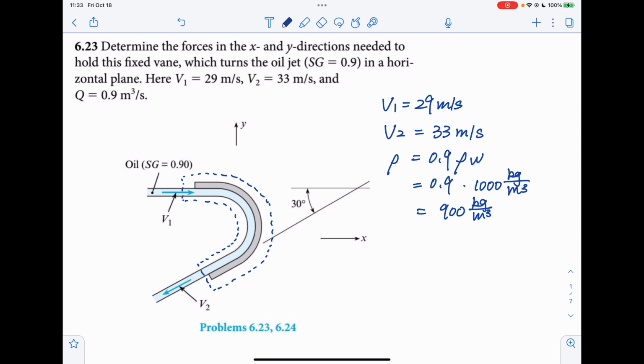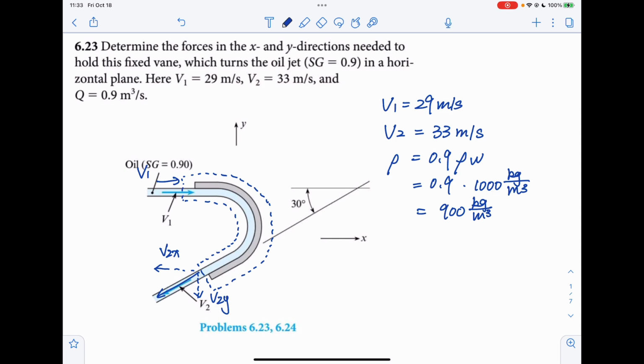For this problem, we're going to draw the control volume as shown on the left, and we're going to have a velocity coming into the control volume like this, V1. Notice for V1 we only have the velocity in the x direction, but for V2, which is coming out here, we will have both the x direction and V2y, which is in the y direction.